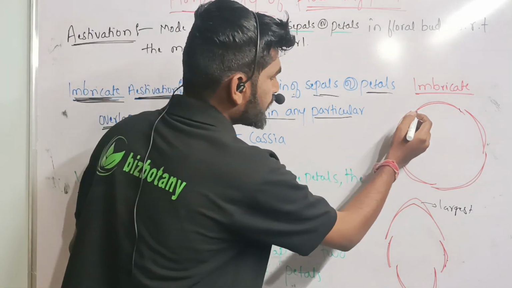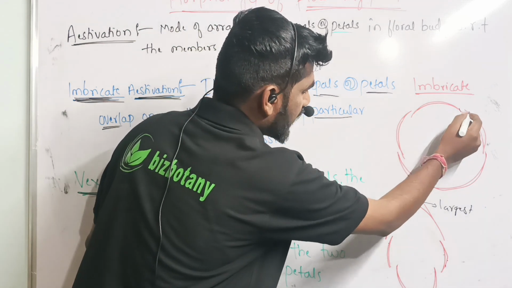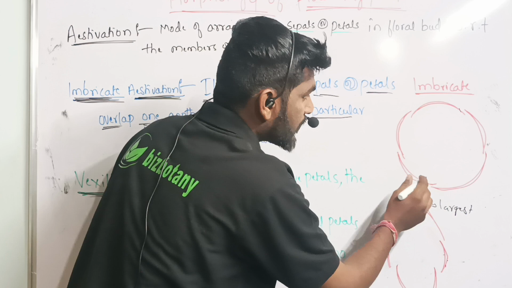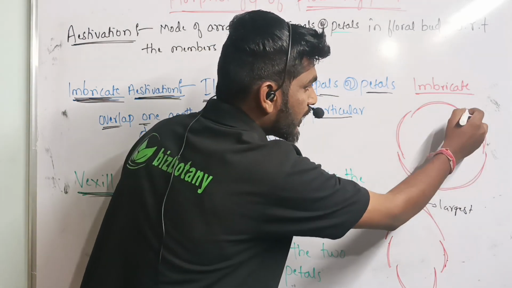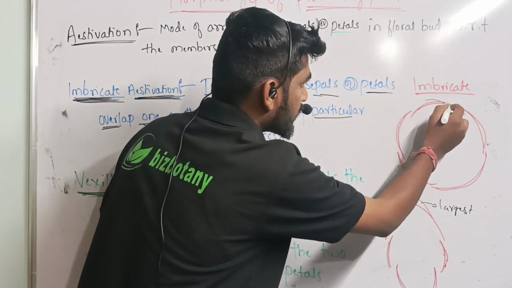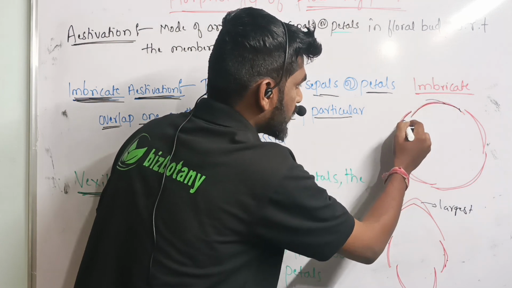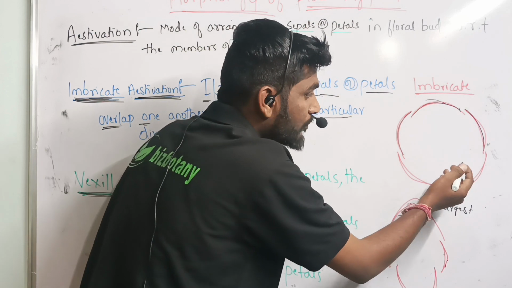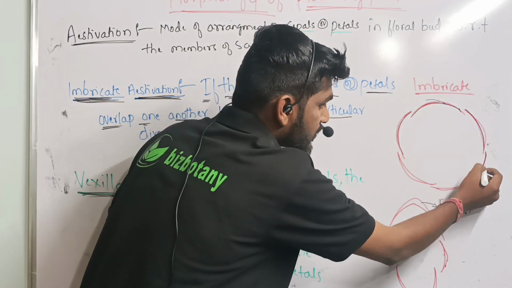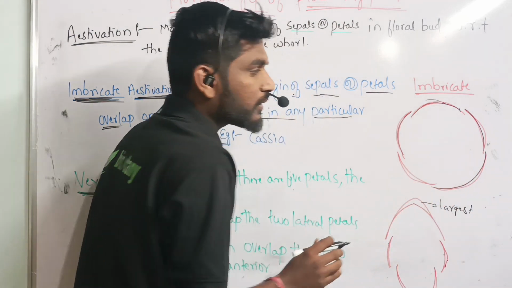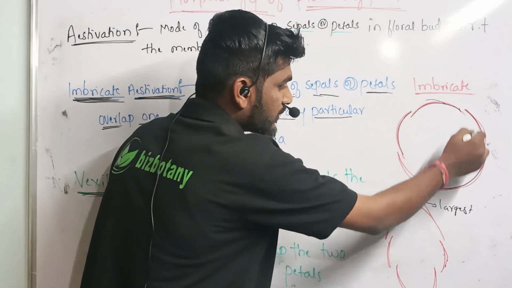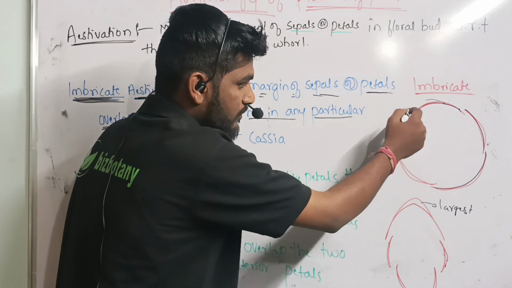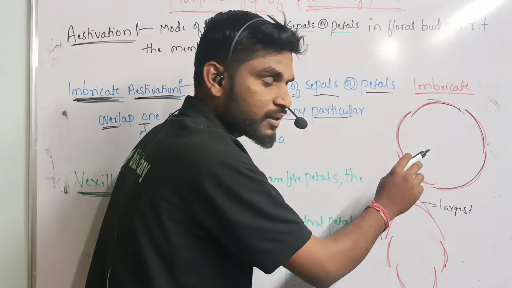Here you can see the sepals or petals are overlapped one another at the margin regions, but not in a particular direction. ऐसा एक तरफ ओवरलैपिंग नहीं है.